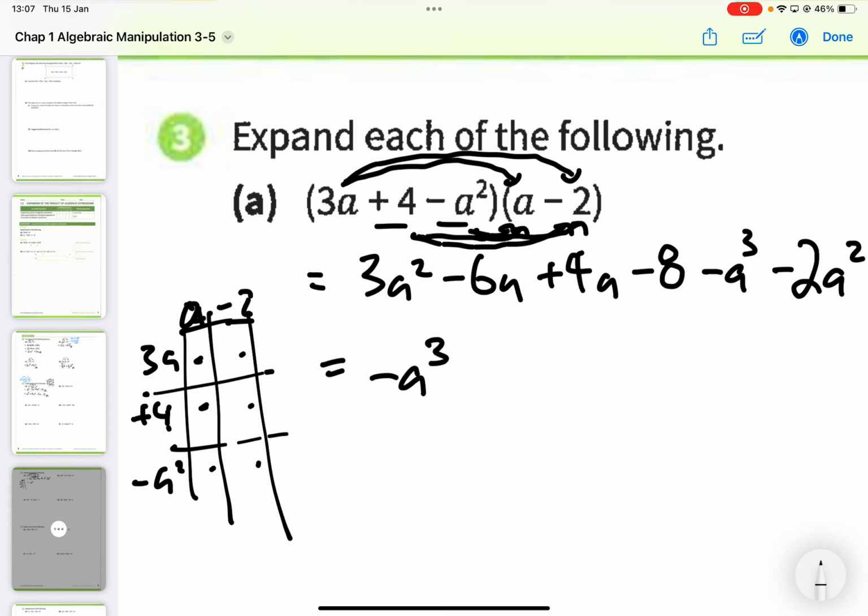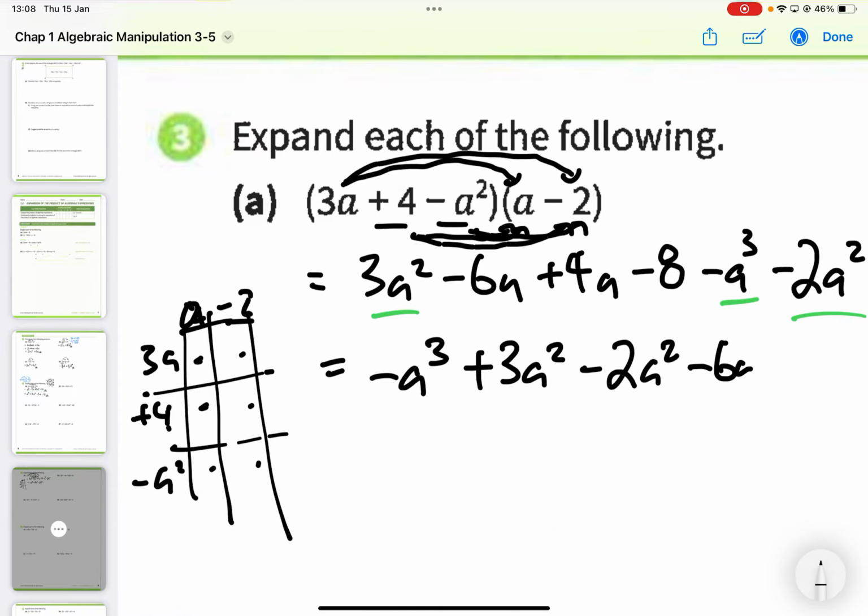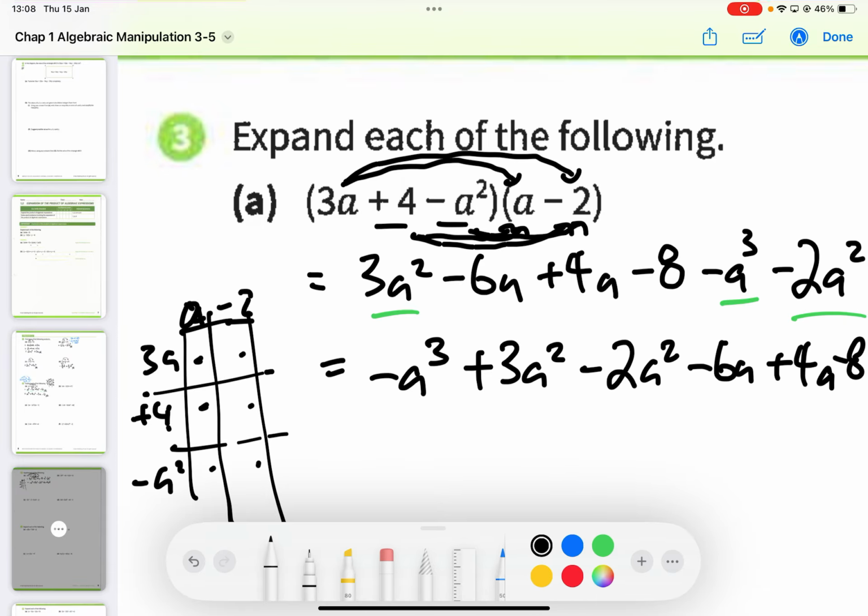When there is no sign in front, it is a plus. So I have my +3a square. I have my -2a square. Okay? This one used up already. Then I still have my a's. I have a -6a, I have a +4a, then finally I have my -8.